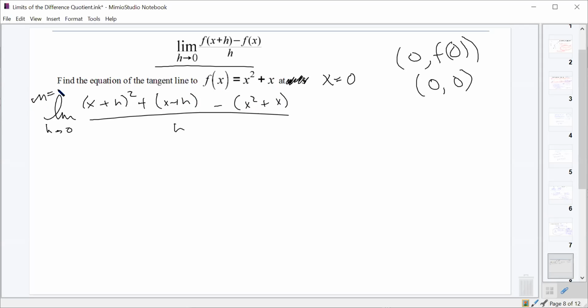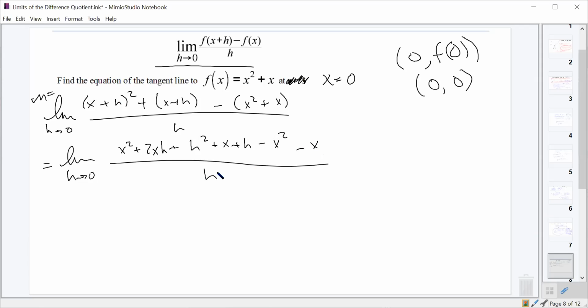We'll expand everything out: x squared plus 2xh plus h squared plus x plus h minus x squared minus x, all over h. Just like all the ones before it, any term that didn't have an h in it cancels out.